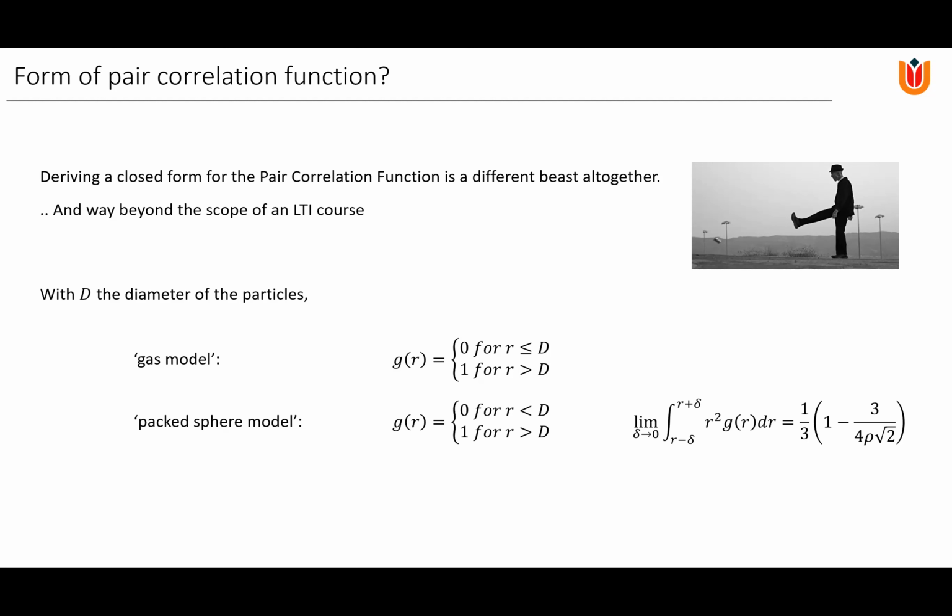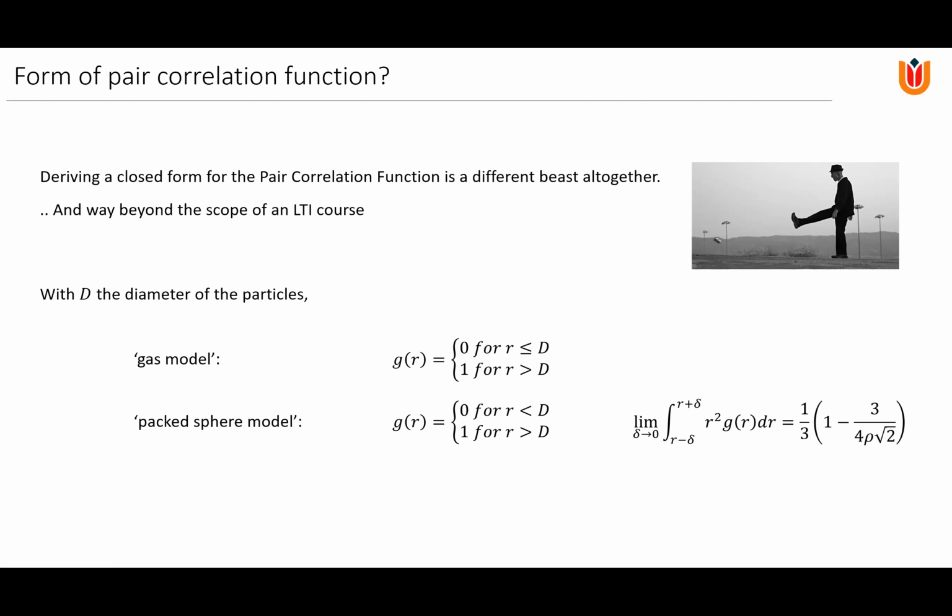And one common model for that is the so-called packed sphere model. It looks almost the same. Instead of less than or equal here, the diameter itself is taken out of the equation for the location of the diameter. You get a constant offset. So basically, that one looks like this: 0 probability when the distance is less than the diameter.